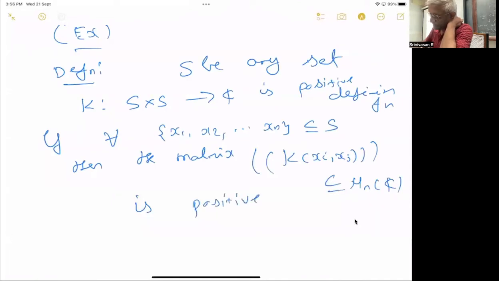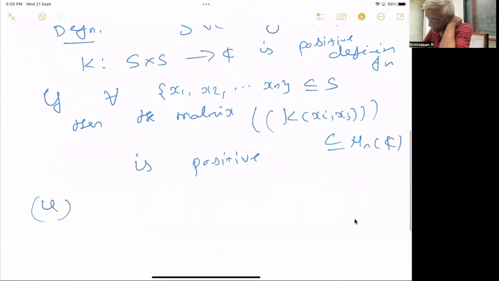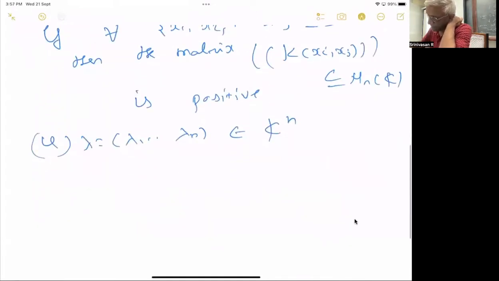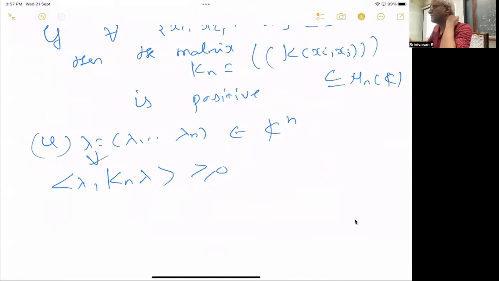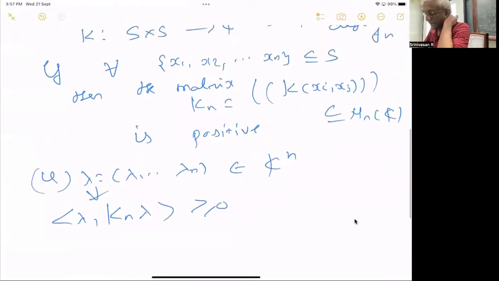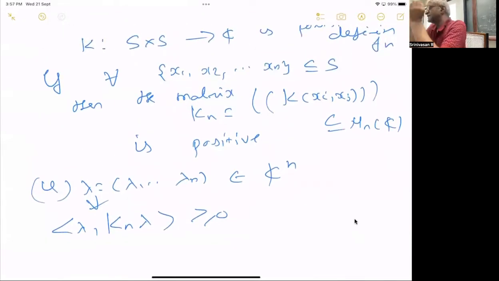What does this mean? For lambda 1 up to lambda n in C^n, this matrix you call K_n, and the inner product of lambda with K_n lambda is greater than or equal to 0 for all lambda. This is what positivity means. If you have a set S and a two-variable function defined on S cross S, that function is called positive definite.